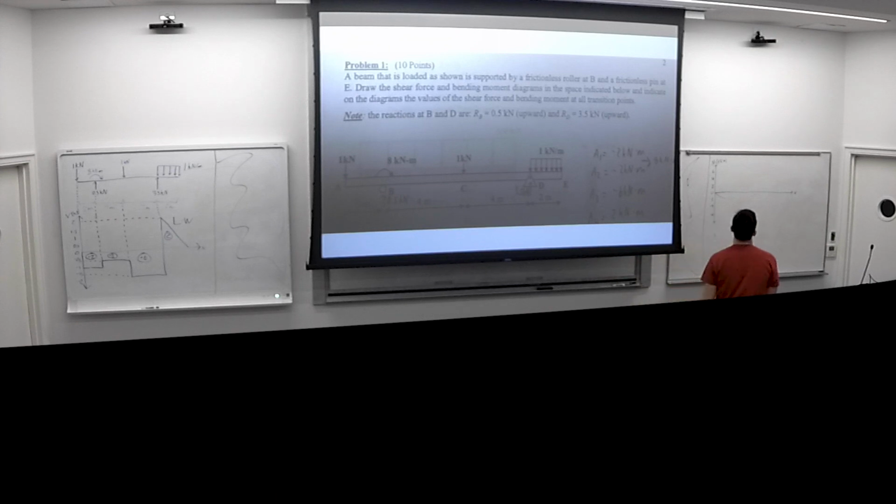You know it's positive because of the sign convention for bending moment: since it's going clockwise, counterintuitive to how you've been doing everything so far, this is positive. So after that first step, you include that 8 kilonewton meters, and you just go straight up 8 on your M diagram.